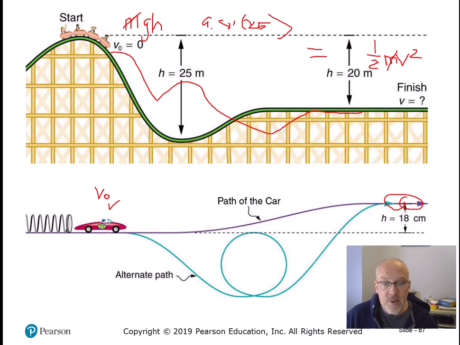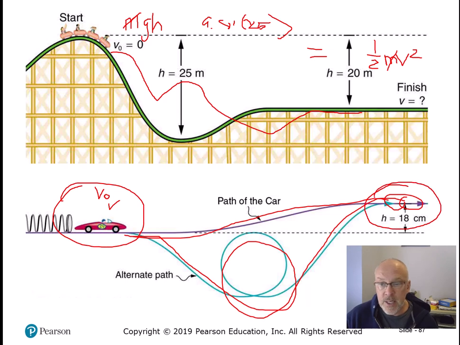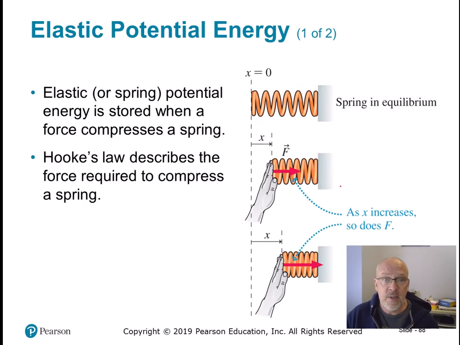And interestingly, assuming a frictionless path, conservative forces, conservation of energy, it wouldn't matter if the car went this way or this way. That final velocity would be the same, because the energy input into the system here is equal to the energy output from the system here, and so that final velocity would end up the same. So the physics behind that is something you definitely need to know.